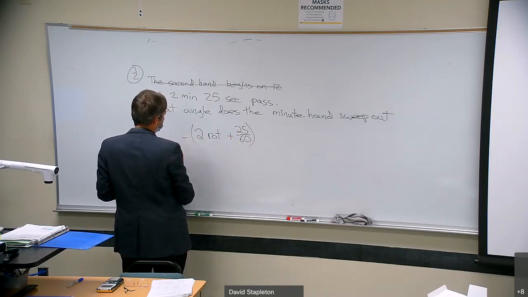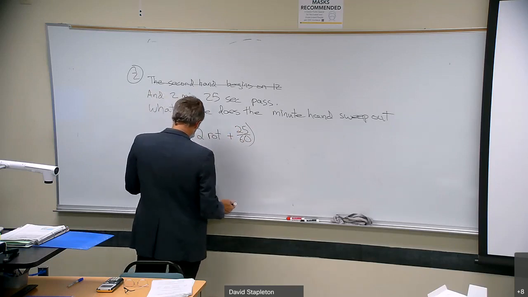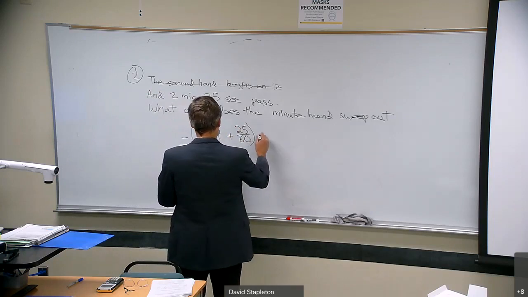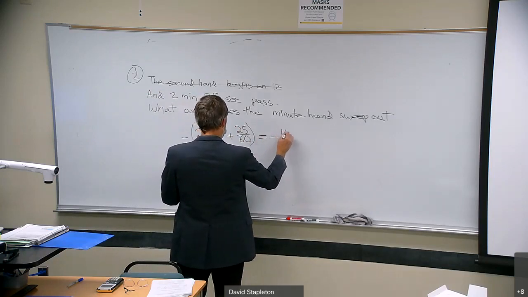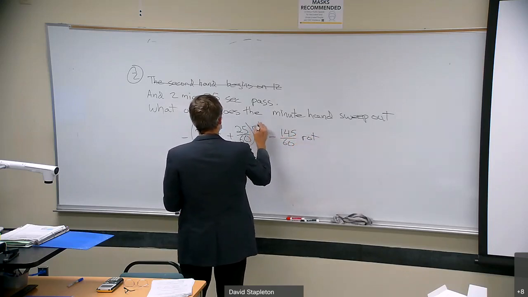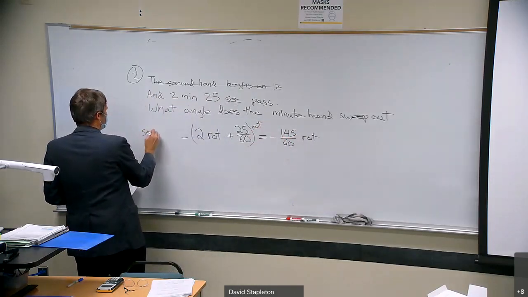And then it's minus because it's clockwise, right? Clockwise is a negative angle. So this is what I put on the key here, which is online, I think. It's minus 145/60ths of a rotation. This was the second hand.